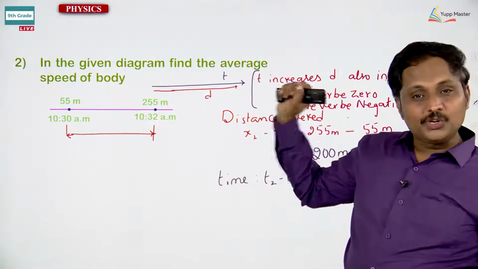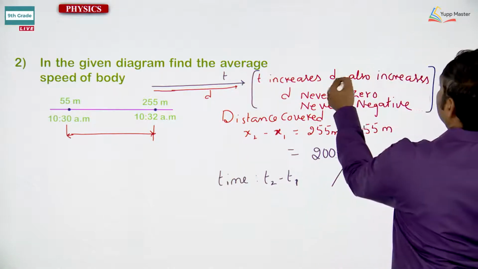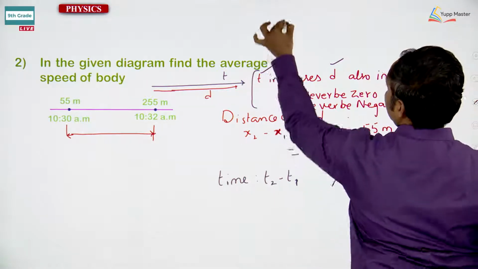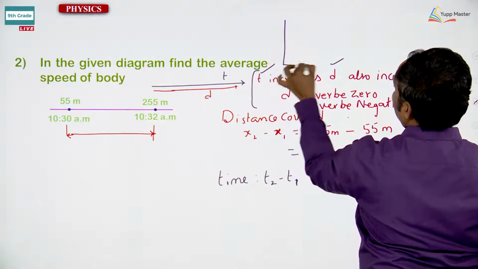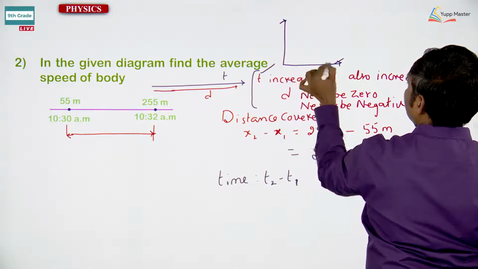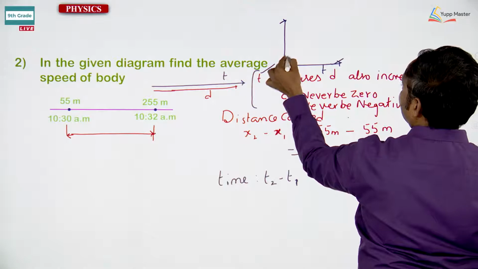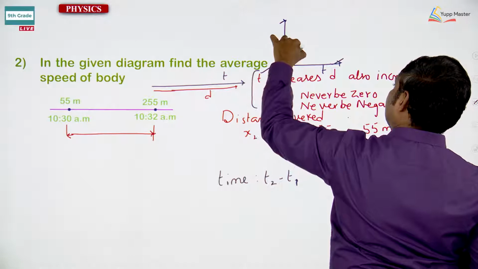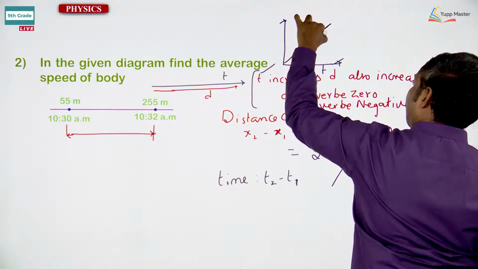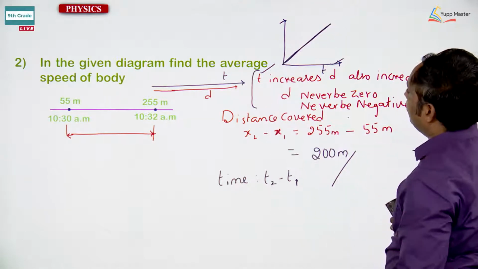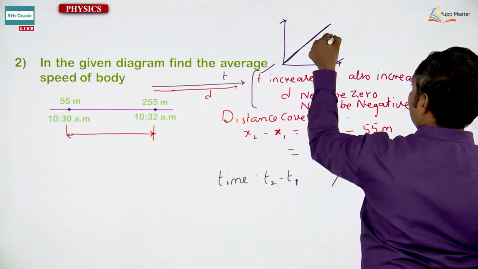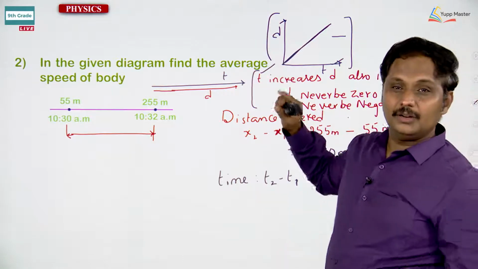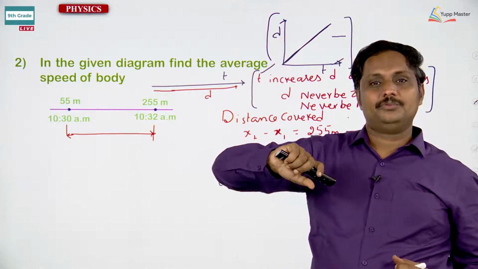When the body is in motion, you can observe these 2 points: as t increases, d also increases. In the graph also, you are going to take the distance travelled by the body. It never has negative values, it may not go to lower values during the motion.